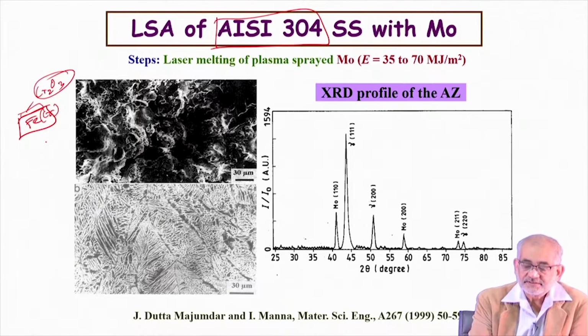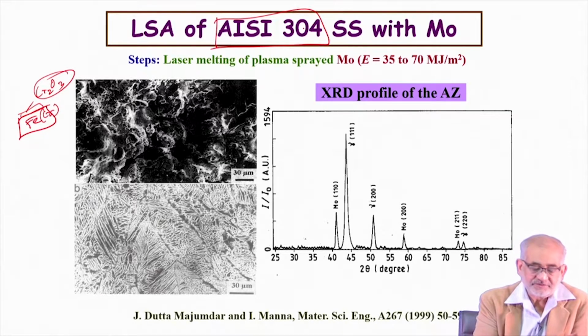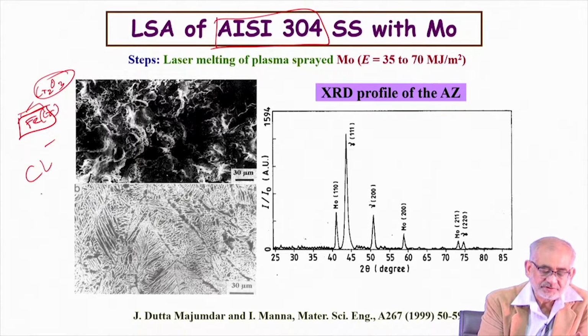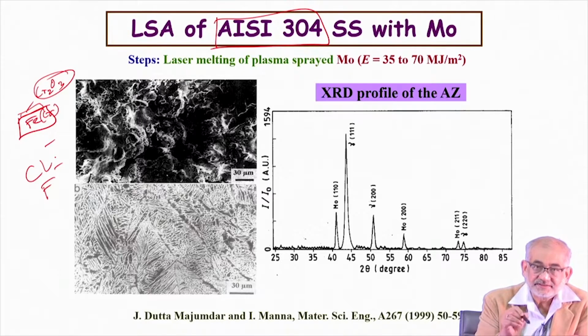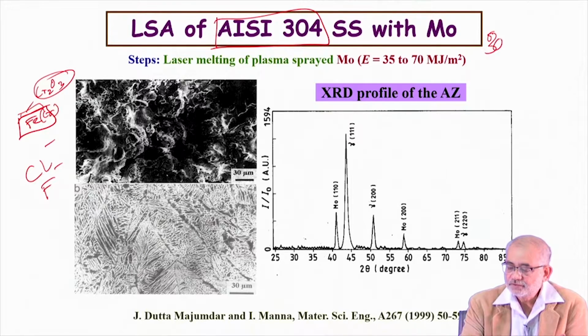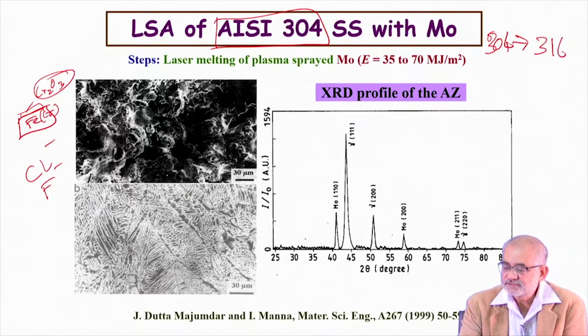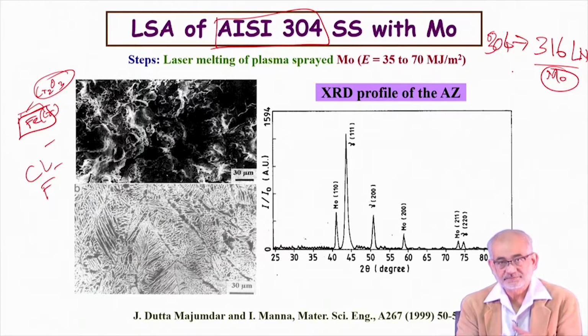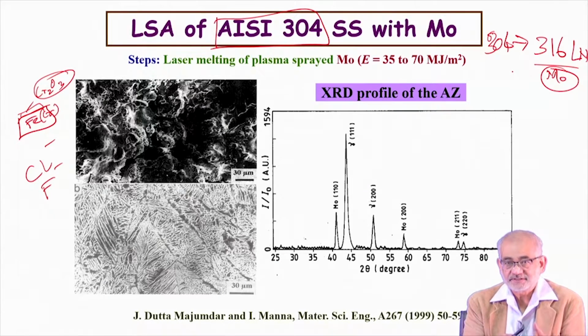Now this stainless steel is good enough until certain environmental conditions, but if you have a large presence of chlorine or fluorine ions, then these are very aggressive ions and they can lead to pitting corrosion. So in order to make this stainless steel resistant to pitting, from 304 you go to another grade, 316, even 316L, 316LN and so on, which has a further alloying element called molybdenum, which protects against this pitting corrosion.